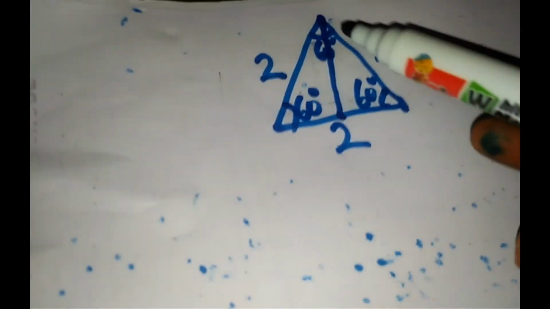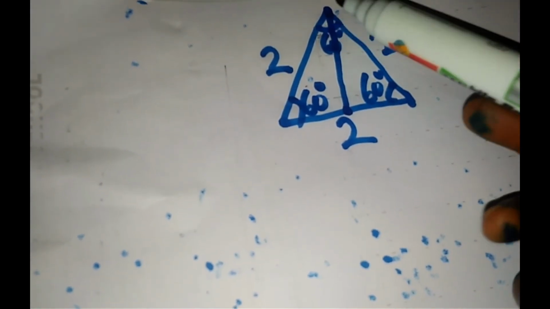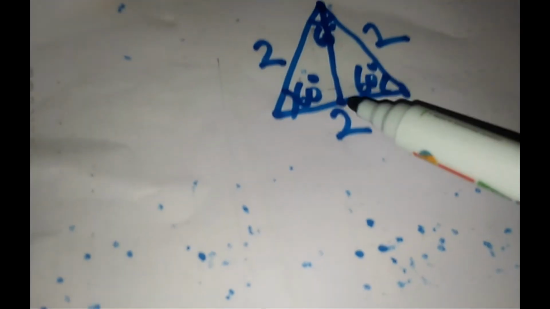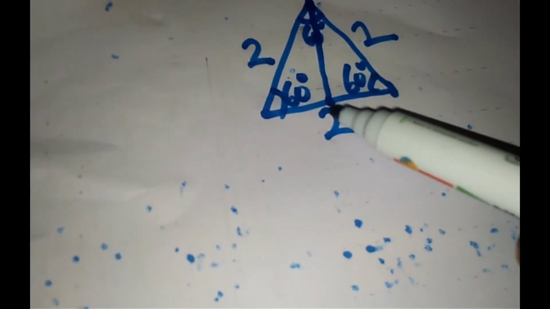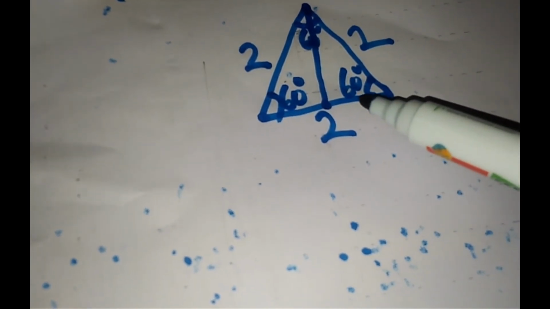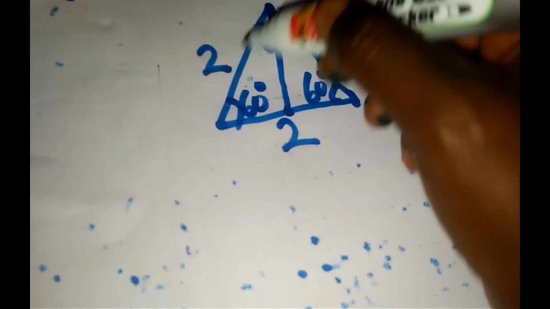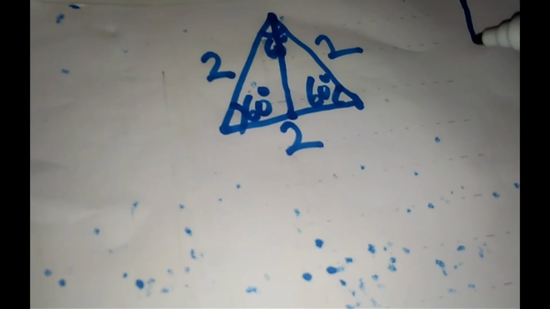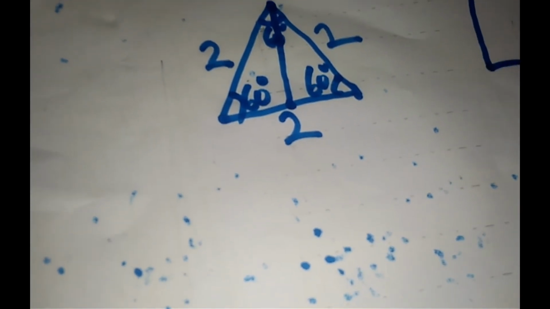Okay, so remember we have 60 degrees here, so if it's divided, we have 30 degrees up here. And now if we divide 2 units by 2, we have 1 here, 1 here, and we can sketch that out here. We are going to get a right angled triangle, just like this.